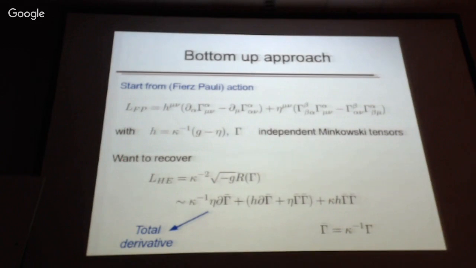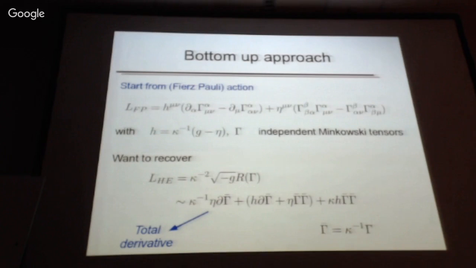So what do I want to recover? This is my free theory. This is just gravitons at the linearized level. And I want to recover the Hilbert-Einstein Lagrangian. So remember, the Hilbert-Einstein Lagrangian is the following: the square root of the determinant of g times the Ricci scalar. So if I expand this equation in h and gamma, what I get is the following.